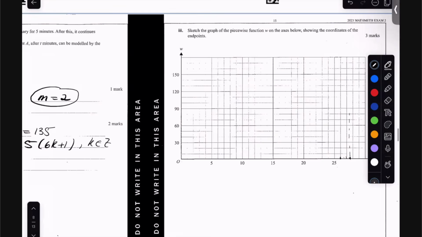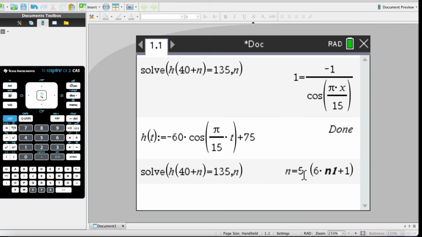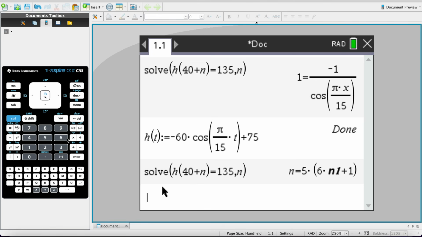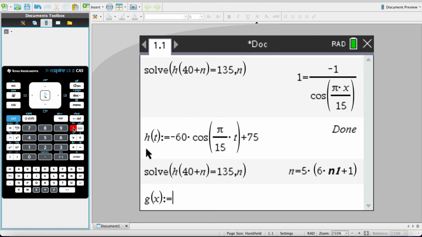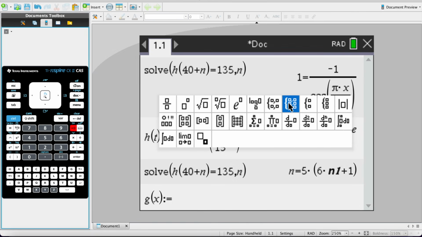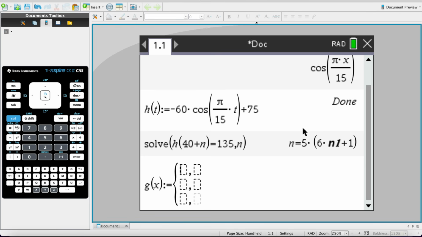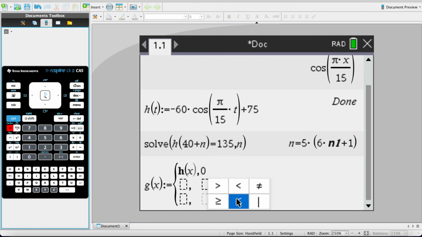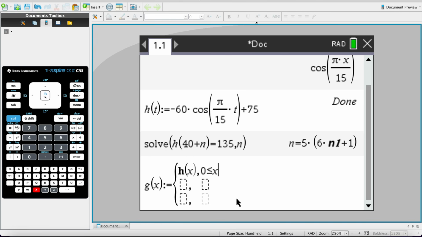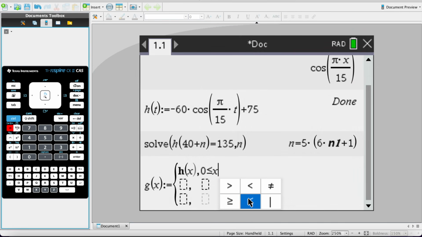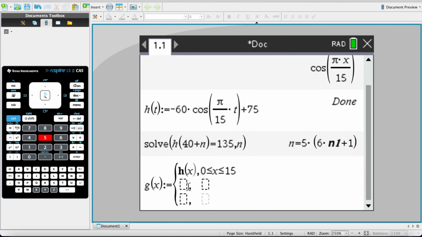Now we just need to sketch this graph. So what I would recommend is, first of all, just write out the piecewise function. So define it. Let's say g of x, make it x because you're going to be sketching it. Yep, 3 equations, and the first one was just h of x, right, x not t, from 0 to 15.